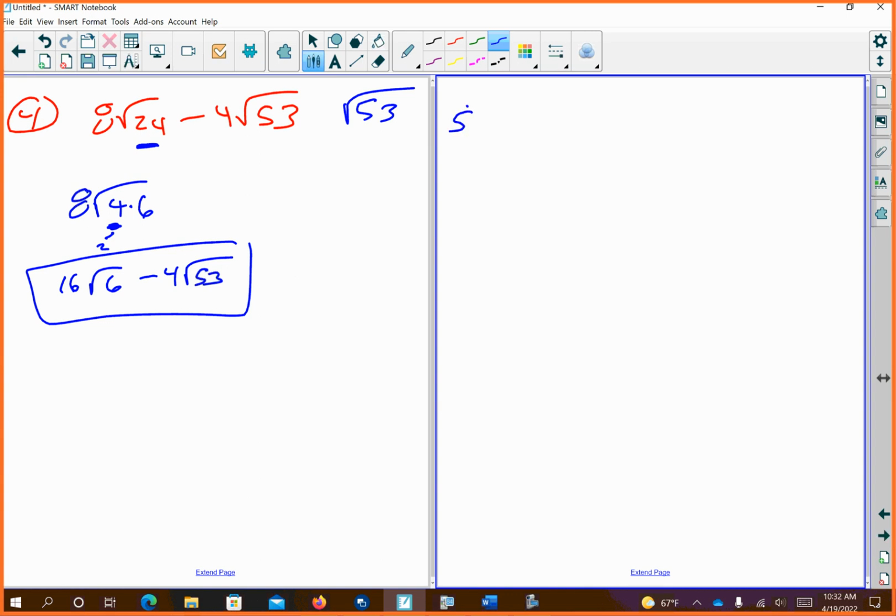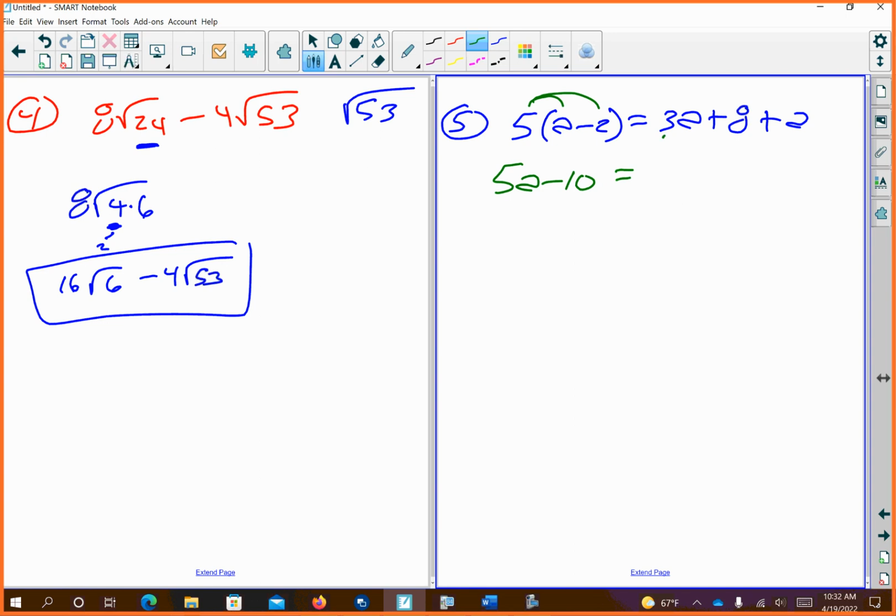Problem number 5. We have 5a minus 2 equals 3a plus 8 plus a. So I'm going to distribute here. So I get 5a minus 10. And then I can combine 3a and a. If I combine those, I get 4a plus 8. Okay? This is a simpler problem, but a lot of people get goofed up on it.